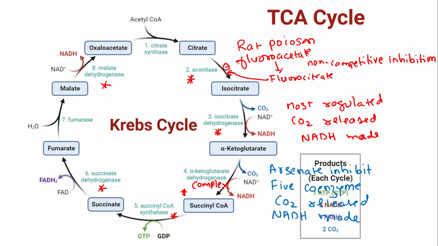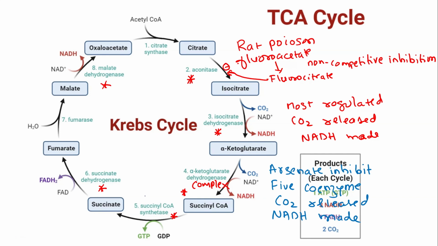Okay, so this makes it one of the important reactions in TCA cycle for exam. So, alpha ketoglutarate dehydrogenase complex converts alpha ketoglutarate to succinyl-CoA. The importance of this enzyme is arsenate inhibits this enzyme. 5 coenzymes are necessary. Carbon dioxide released, NADH made. Okay, coming to the succinyl-CoA synthetase.